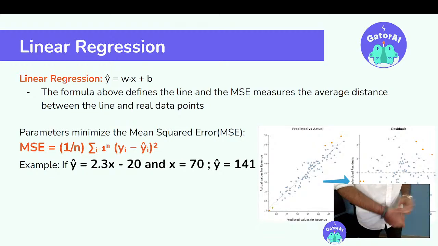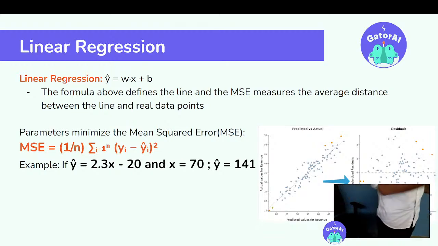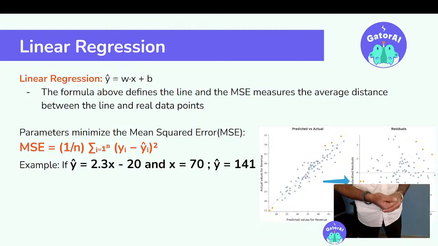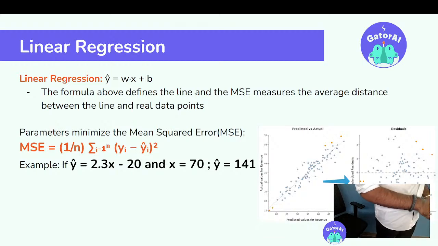Linear regression at its core is trying to find the best fitting line through the data points you're given. When you plug in an x value, you get a y value, and you want that to be as close to the truth as possible. In the example we have here, y hat equals 2.3x minus 20, and we have that x equals 70 and y hat equals 141.